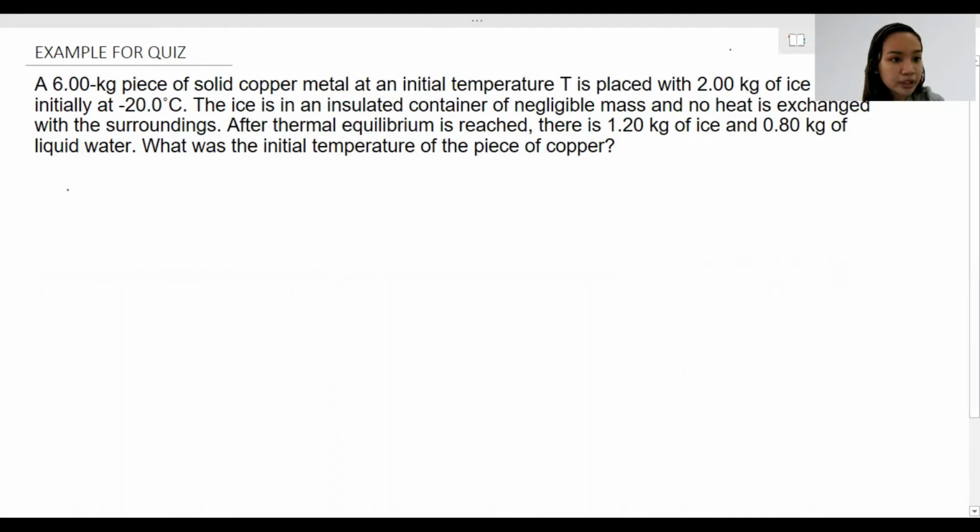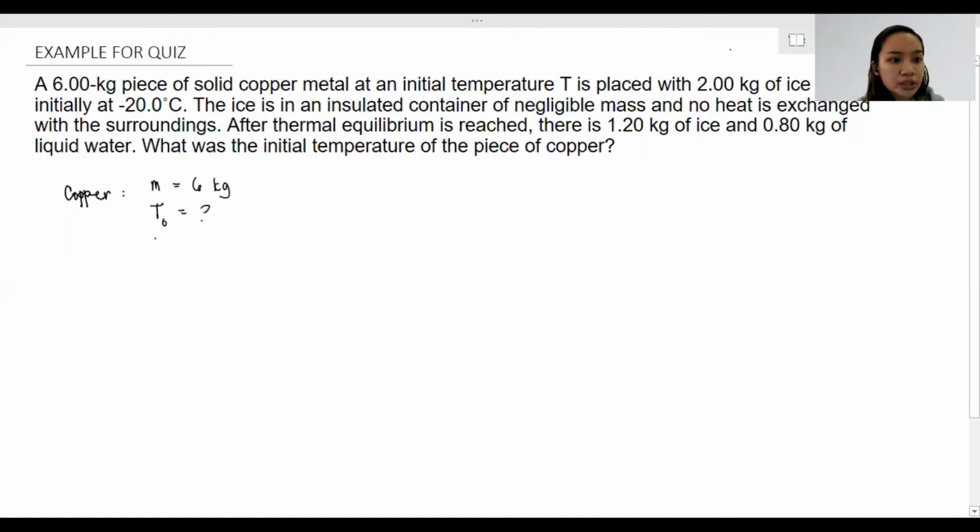So for the copper, we have a mass equivalent to 6 kilograms, and we are going to look for its initial temperature.